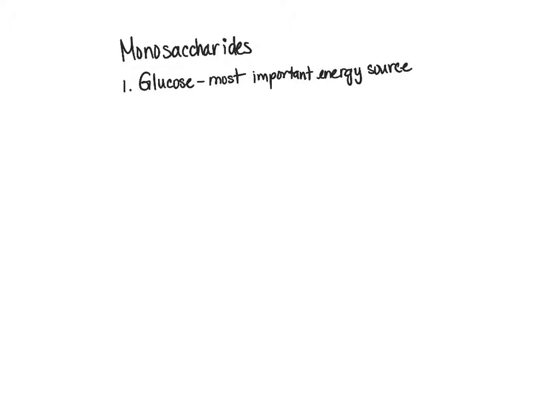When we're talking about these first three monosaccharides, we're talking about the same molecular formula, and that's why we talked about isomers. The molecular formula that we're talking about for glucose and for the others is C6H12O6. So this is our molecular formula for glucose, but it's also the molecular formula for the next monosaccharide, which is galactose.